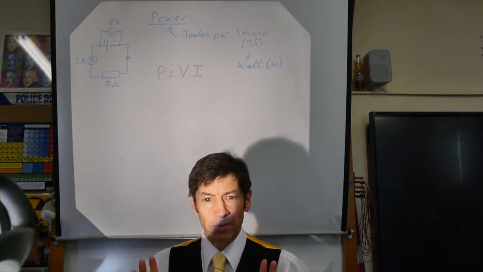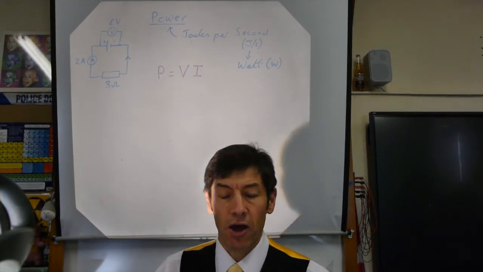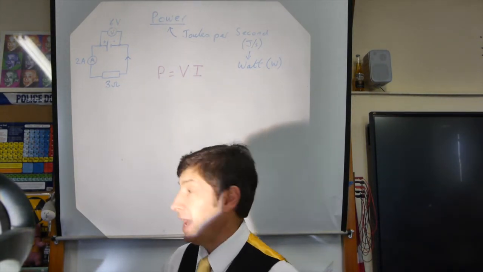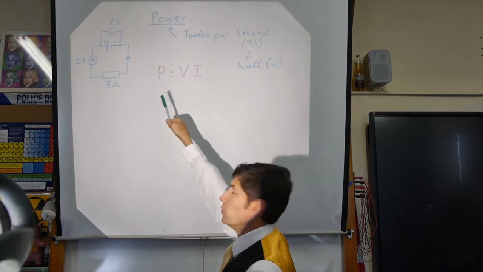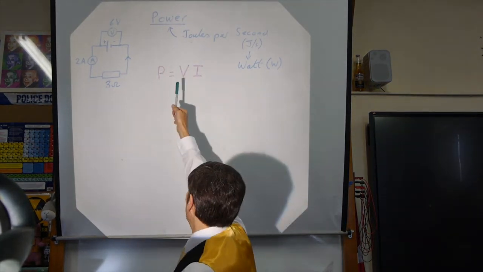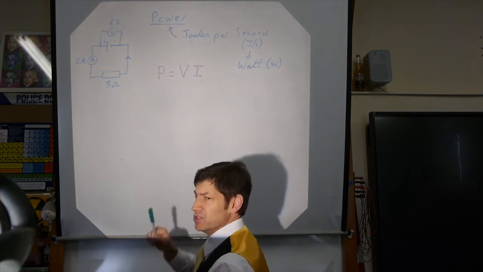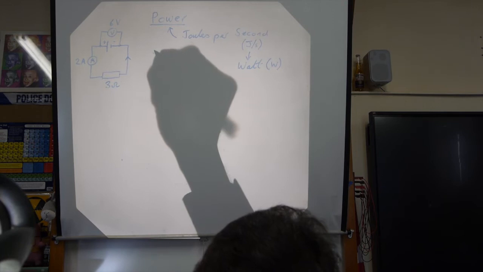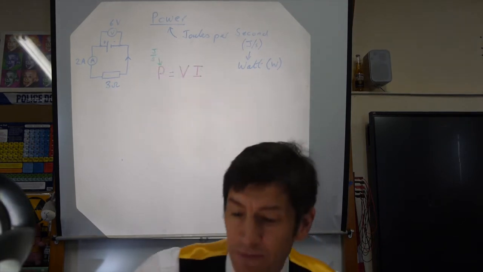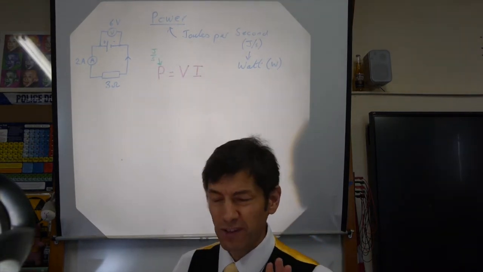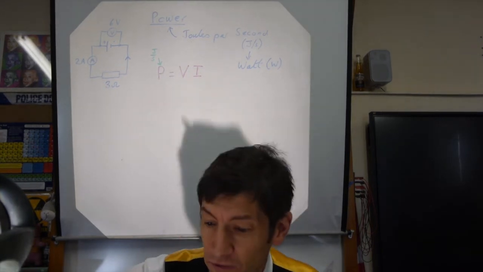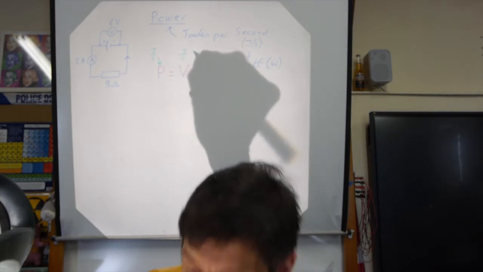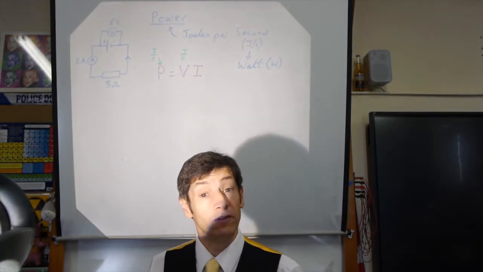Now, there's something I'm going to do here which you don't really need to know, but it's quite interesting, and it shows you how from volts and amps we get joules per second. Because when you look at that, that's a volt amp. Volt amps is joules per second. If you remember that power is measured in joules per second, voltage, and this is a bit advanced to be honest with you, a little bit A-level-y, voltage tells you how many joules on each coulomb of charge that flows.